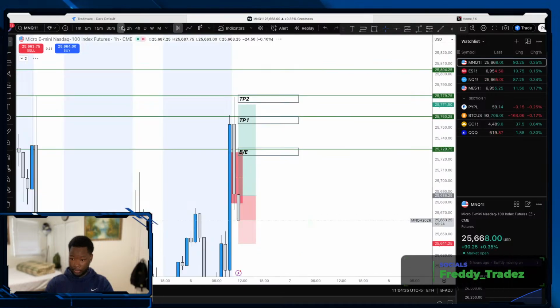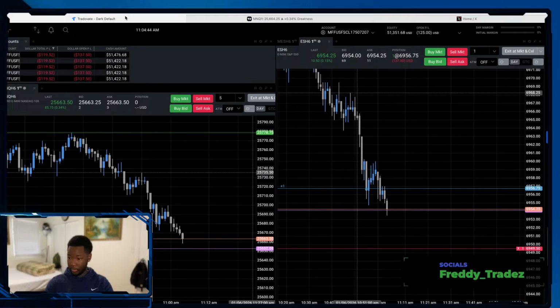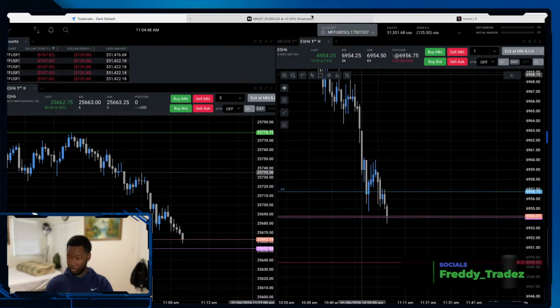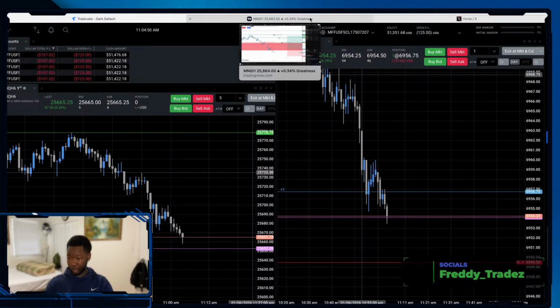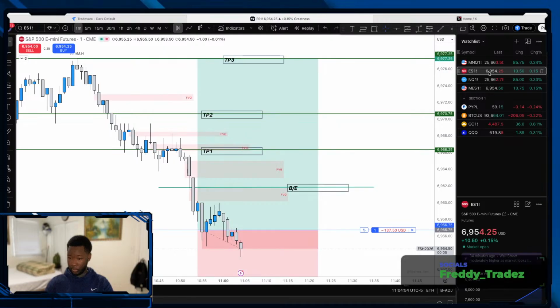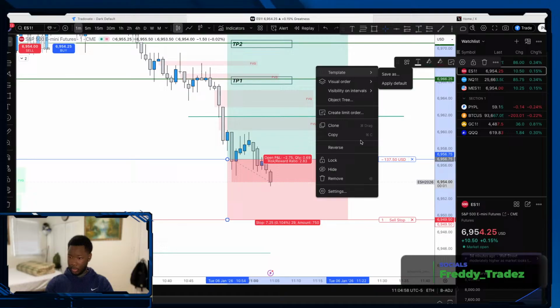Also an hourly gap on NQ. Should hold up, but if not, it's fine. Just double check something.